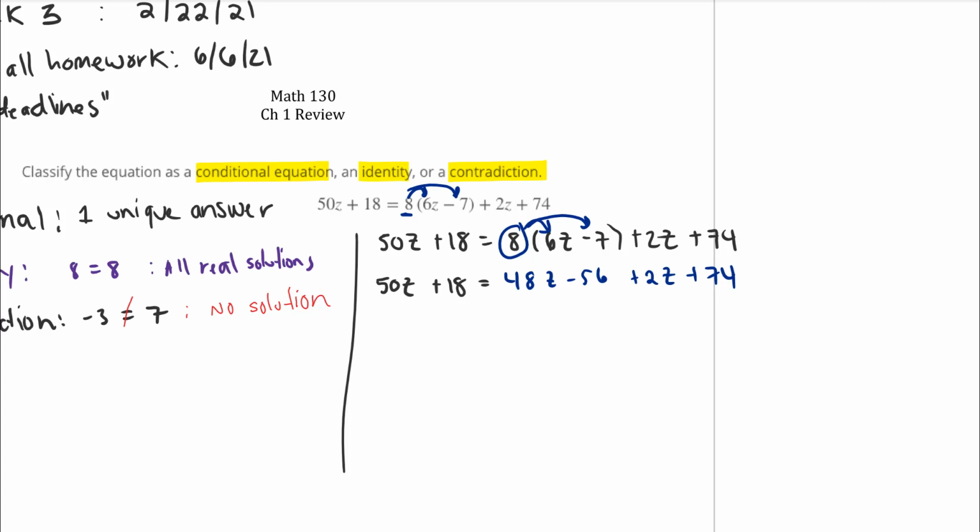So here what you can do, and you don't have to do this step, but I'm going to rearrange it so that I can see that I have z's that I can add up together here. So I'm going to have 50z plus 18 is going to equal to my 48z plus my 2z, and I'm left with a negative 56 plus 74.